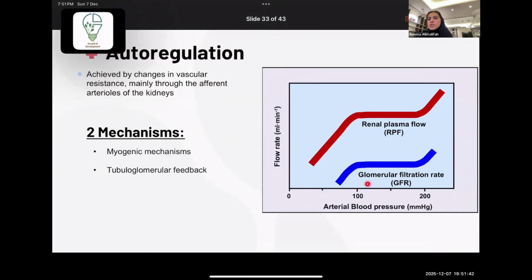So the resistance changes with the pressure in the vessels, so that helps maintain a normal range of pressure. Now, the two mechanisms that are a part of the autoregulation are the myogenic mechanism and the tubuloglomerular feedback. Now, keep in mind, if the pressures are out of this range, so if they're less than 90 or more than 180, this is where the mechanisms start to fail.